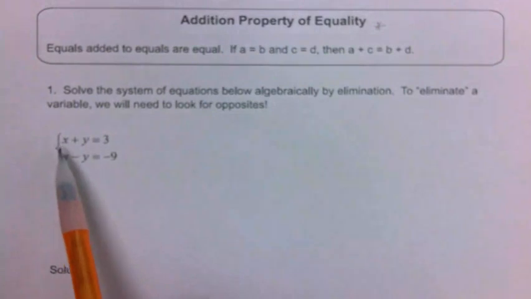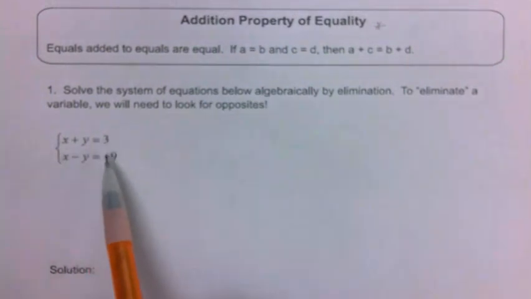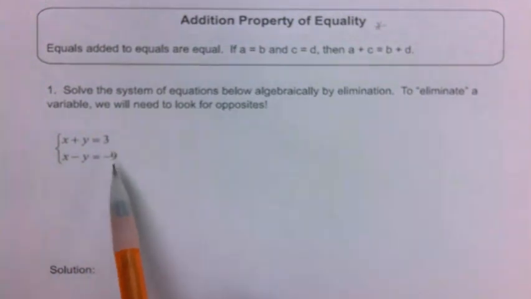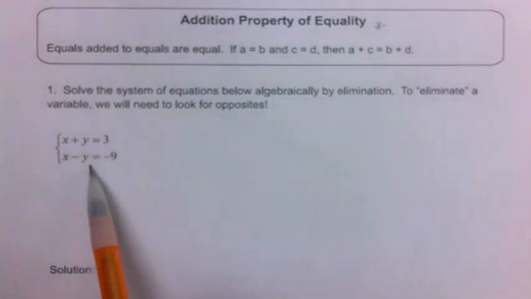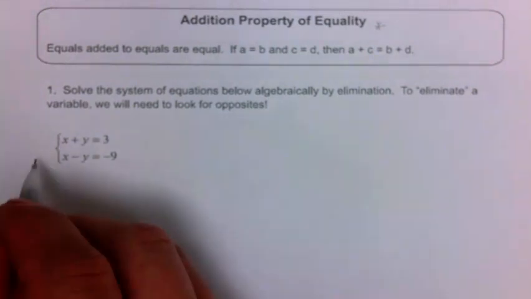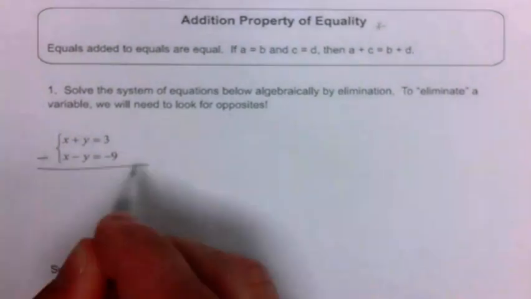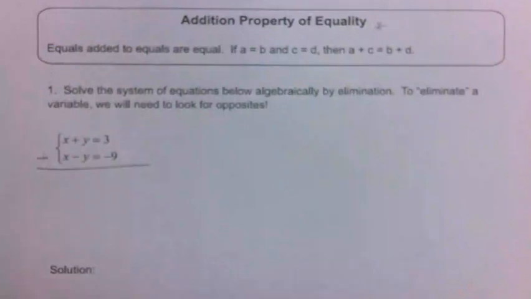X and x aren't opposites, they're the same thing, all right? 3 and negative 9 aren't opposites, they're different absolute values, but positive y and negative y are opposites to each other.